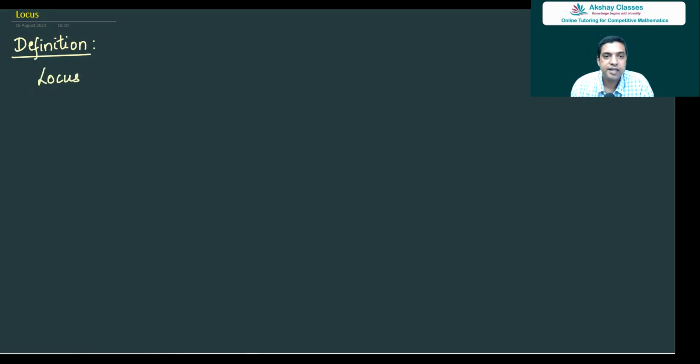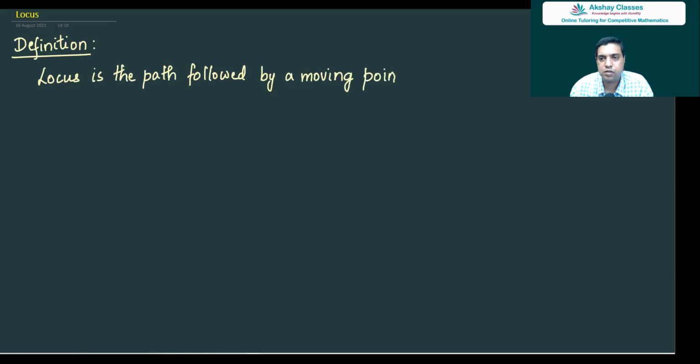So locus is the path followed by a moving point satisfying set conditions, or satisfying some given conditions.